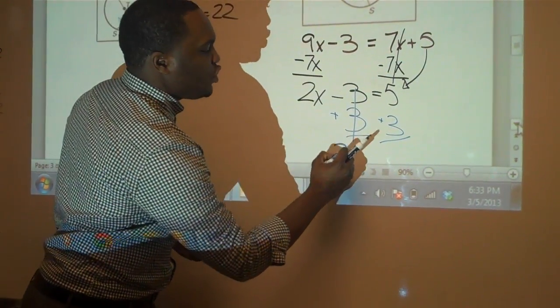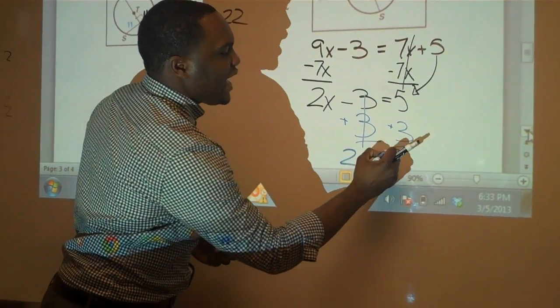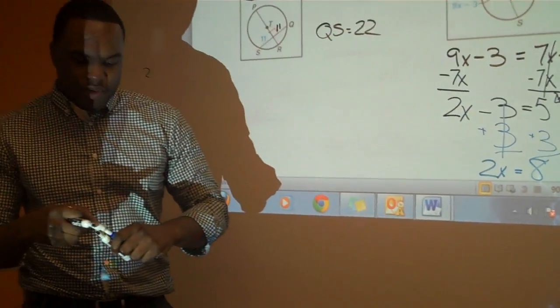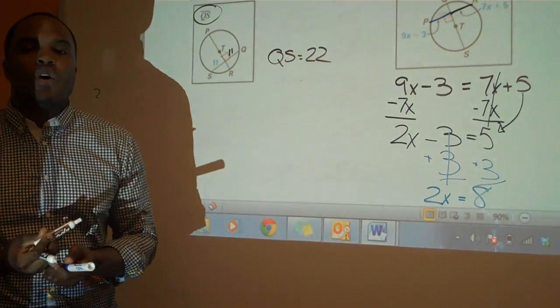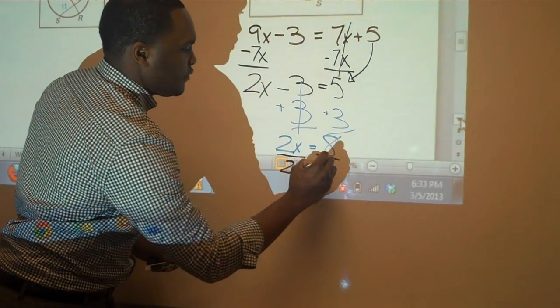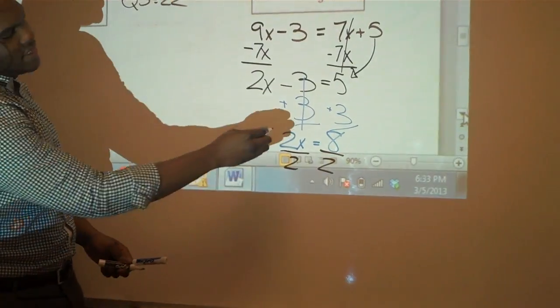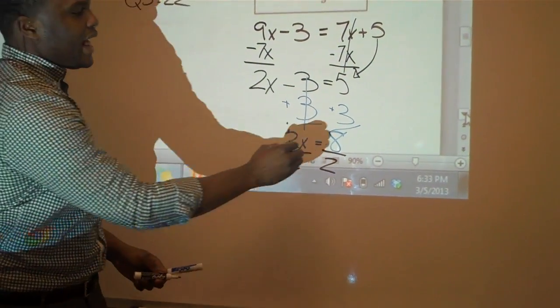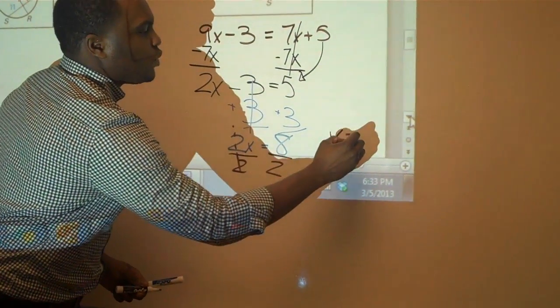These will cancel, and I have 2x equals 8. My last step, you guys know this, I'm going to divide by 2 on both sides. This is going to cancel. And so lastly, x equals 4.